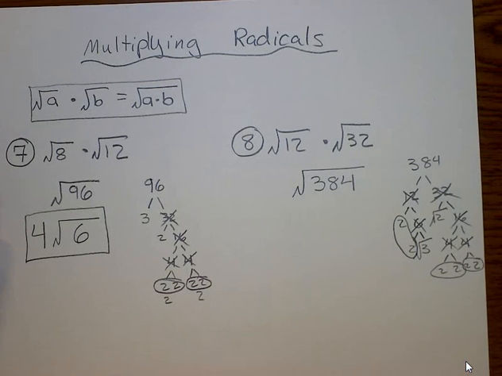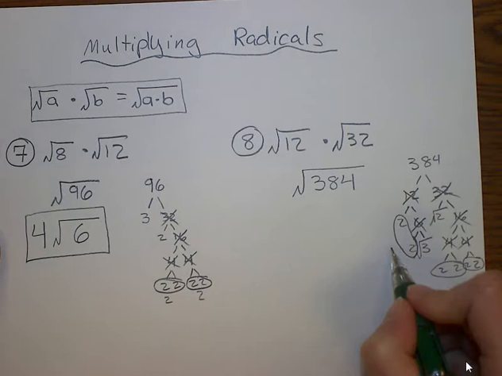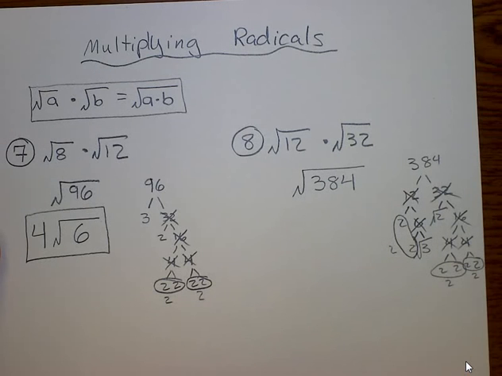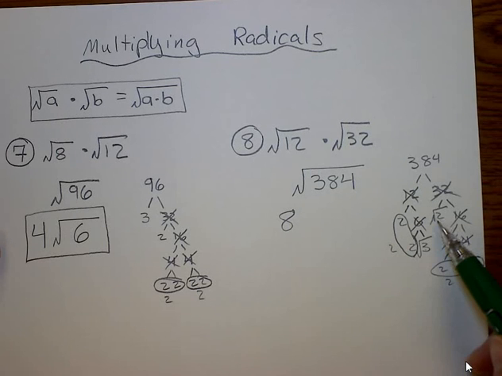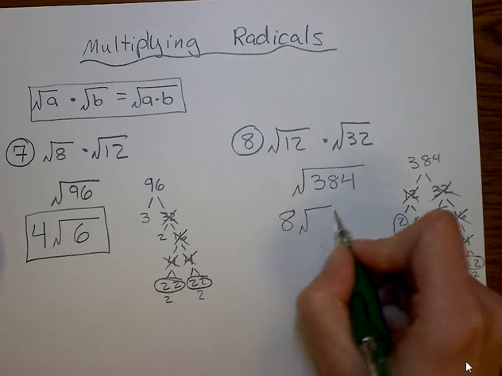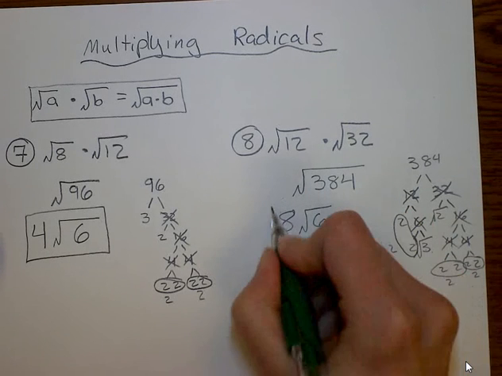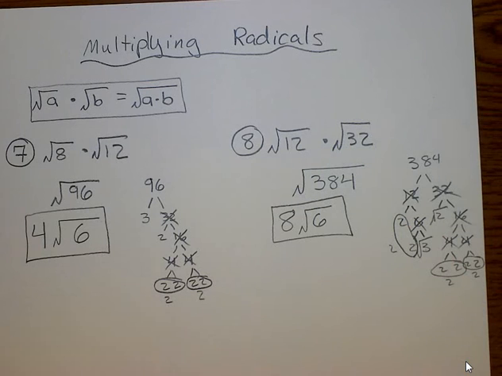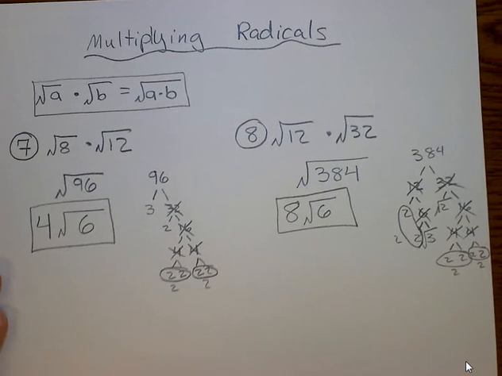The ones that we circled as pairs can come out, so 2 times 2 times 2 gives us 8 on the outside. But this poor 3 and this poor 2, they do not have dates, so they're both stuck together in the square root, and you multiply the 3 times the 2 to get 6, and that's as factored down as you can go.